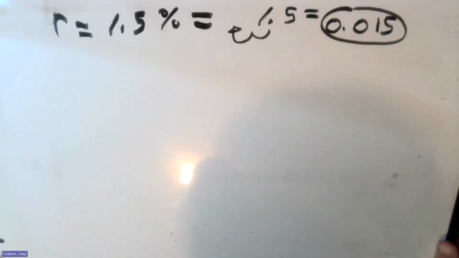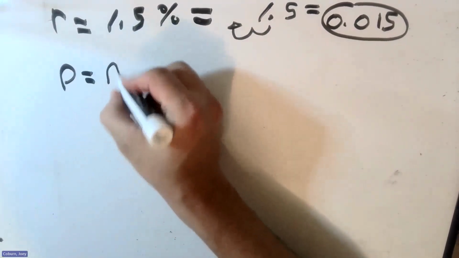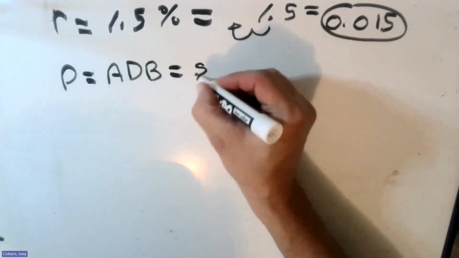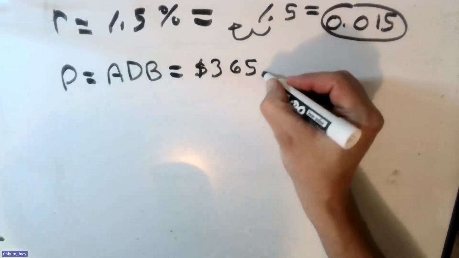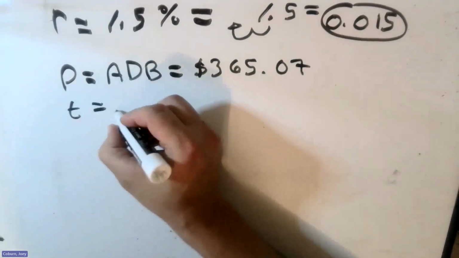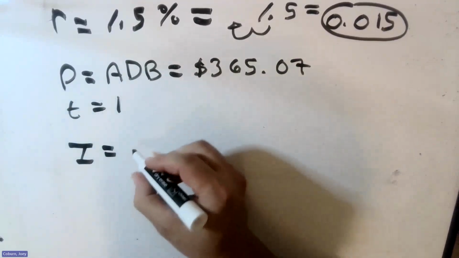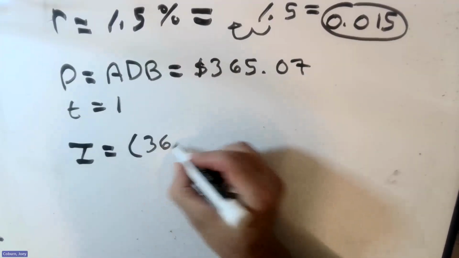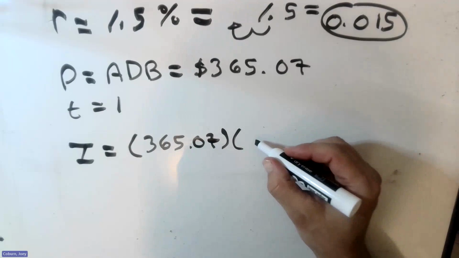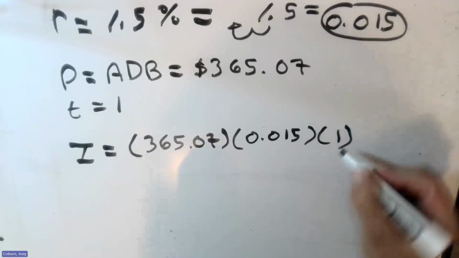For our P, that's our ADB, average daily balance. That was about $365.07. And we let our T, again, this is a convention, be 1. So the penalty we're going to pay is PRT, or 365.07 times our R, 0.015, times 1.